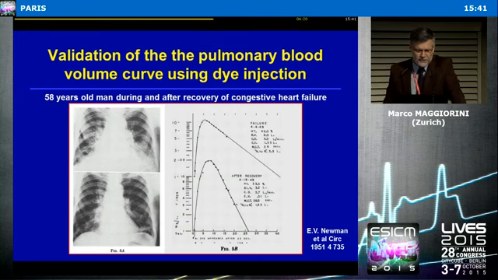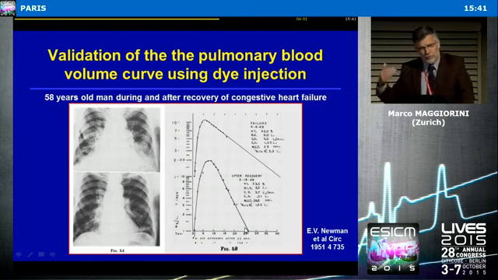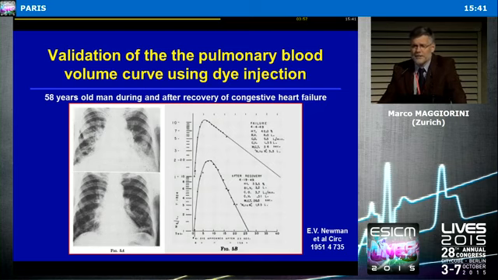You see this patient arriving in the ICU in a decompensated state, and his downslope time was very flat. He got diuretics, water could get out, his chest X-ray improved, and the downslope time was much steeper. So an important thing to remember is that the downslope time is a marker of the fluid content of the lung, or how much fluid is in the lung itself.